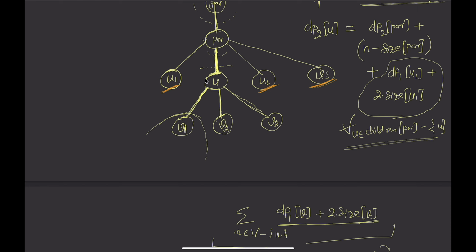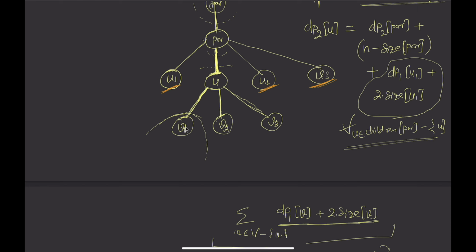Similarly, when I call at u, I already know the dp2 of u, and I want to know the dp2 of v1, then only I can call my DFS on v1. So in this step, when I'm calling at u, I'm calculating the answers for its child, for dp2 of v1. Yeah, now it makes sense.